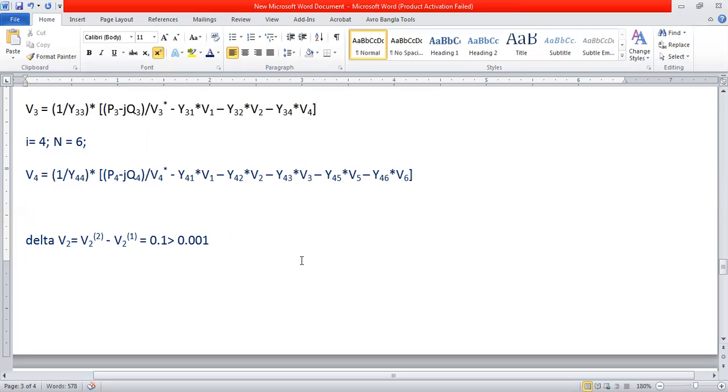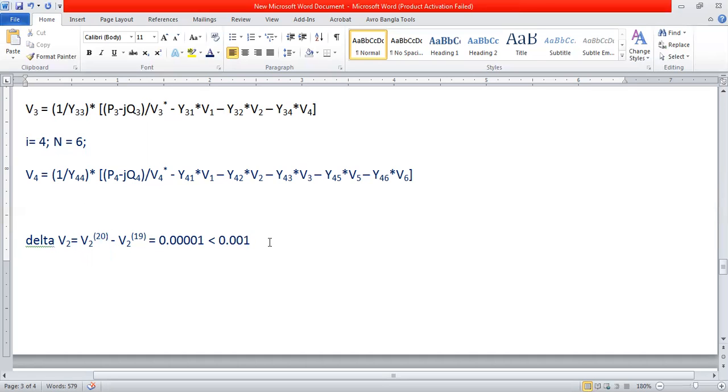After the 20th iteration, if this value satisfies the tolerance level, that is less than our tolerance level value, it means that now the tolerance level is satisfied. Then the voltage magnitude and angle after the 20th iteration is our answer.